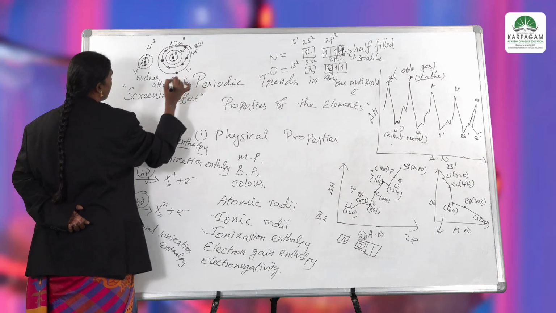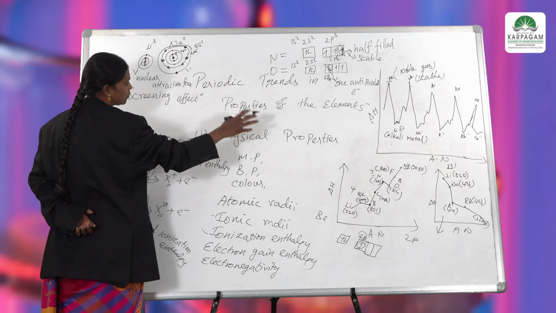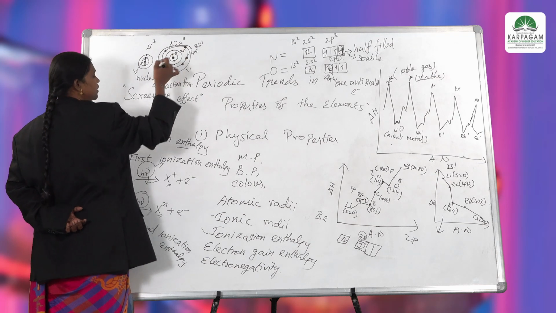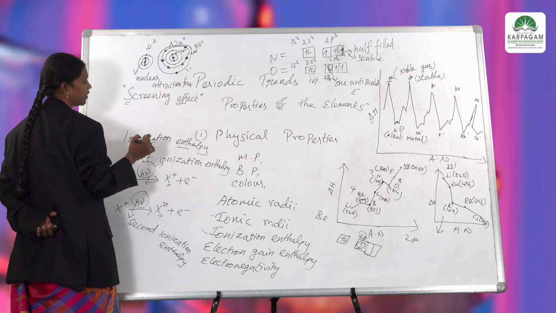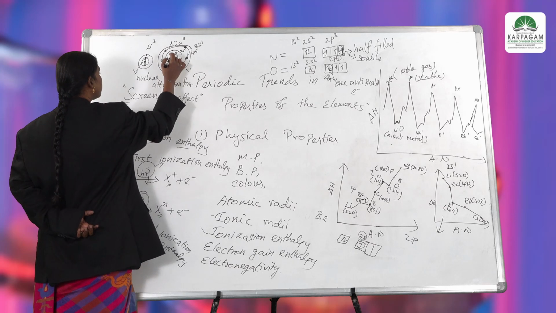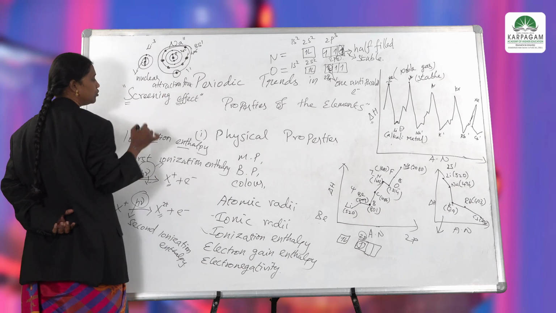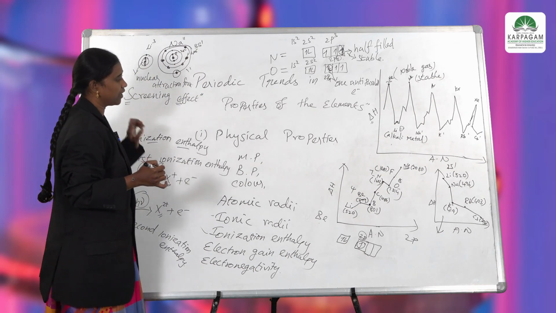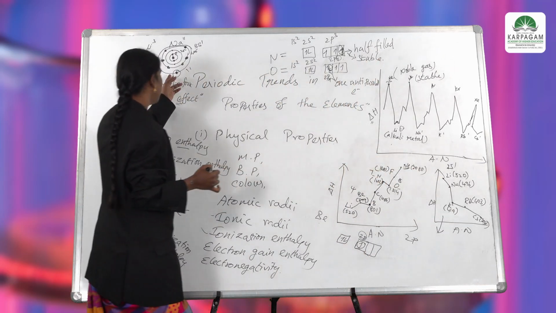This force decreases from lithium to cesium because of the shielding effect of the electrons, also called the screening effect. The surrounding electrons screen the outermost electron from the nucleus. Due to this, the ionization enthalpy is lower, because the electron is easily removable.